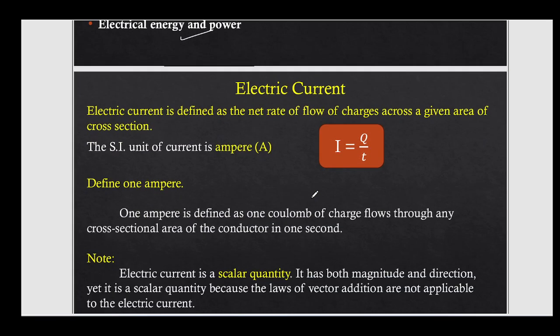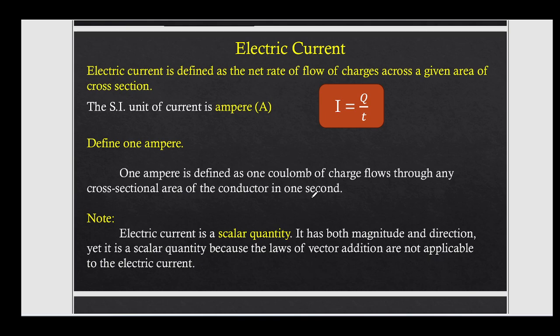So the first formula is the current, that is I is equal to Q by t. We define this as the net rate of flow of charge moving through a given cross-sectional area.